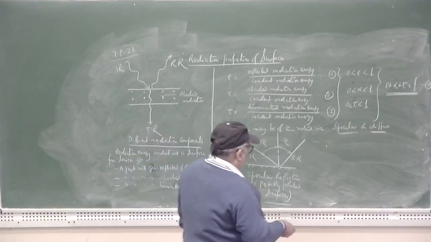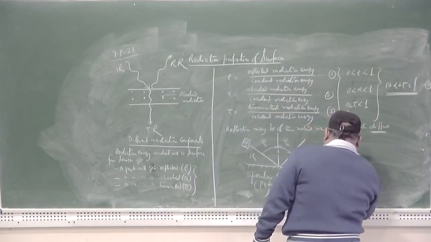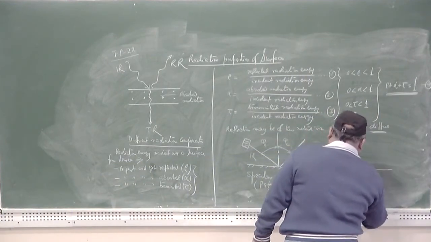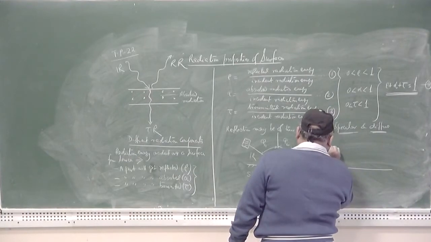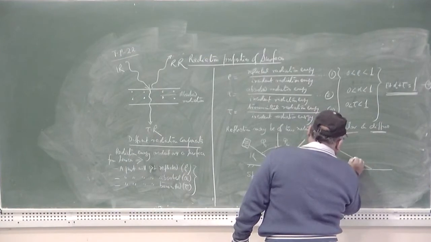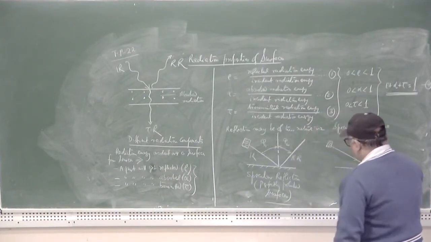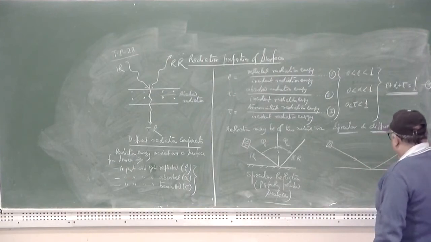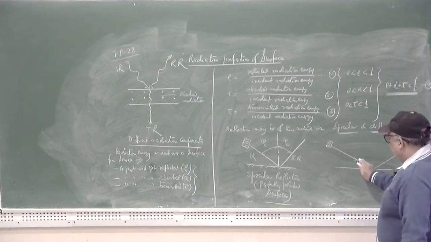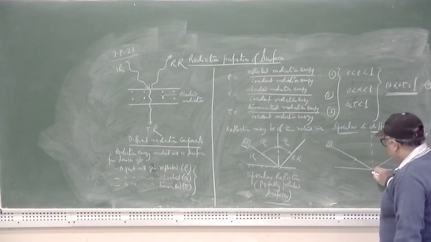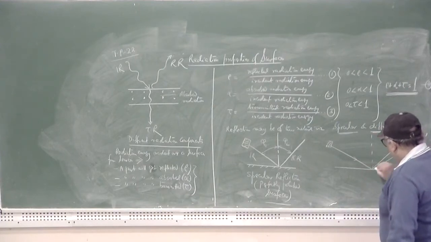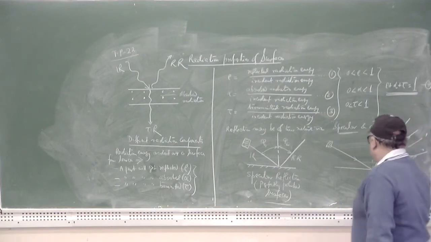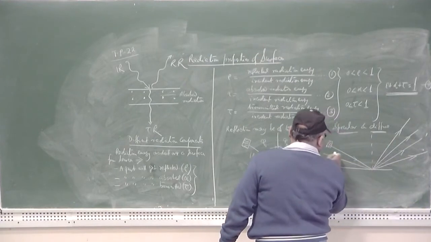Another type of radiation is called diffuse radiation, from an imperfectly polished surface. When radiation from a source is incident over here, this incident radiation will follow the law of reflection and some part will get reflected in the phi 1 equal to phi 2 direction, but many components will get reflected in a haphazard and random fashion.